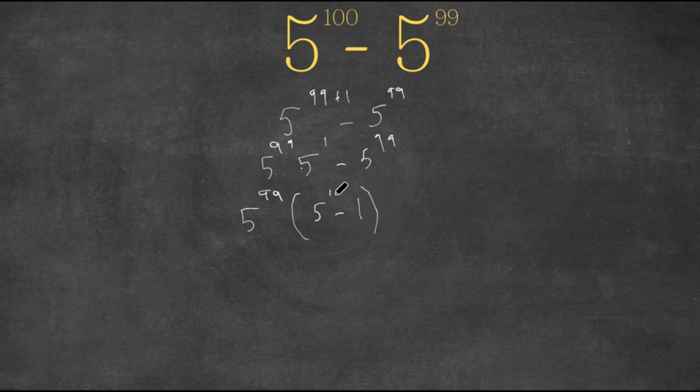Now, 5 to the power of 1 is just 5, so this is essentially asking 5 minus 1, which is 4. So we have 4 times 5 to the power of 99.